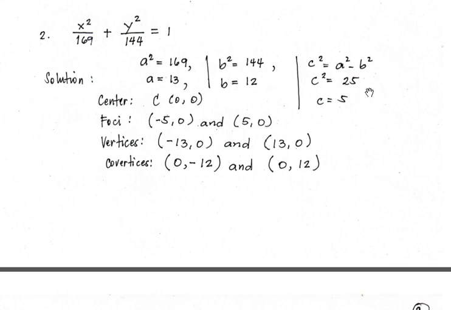C squared equals 25. Solving for C, C equals 5. Having done this, the center is at the origin. The foci are (negative 5, 0) and (5, 0). Vertices are (negative 13, 0) and (13, 0). And co-vertices are (0, negative 12) and (0, 12).